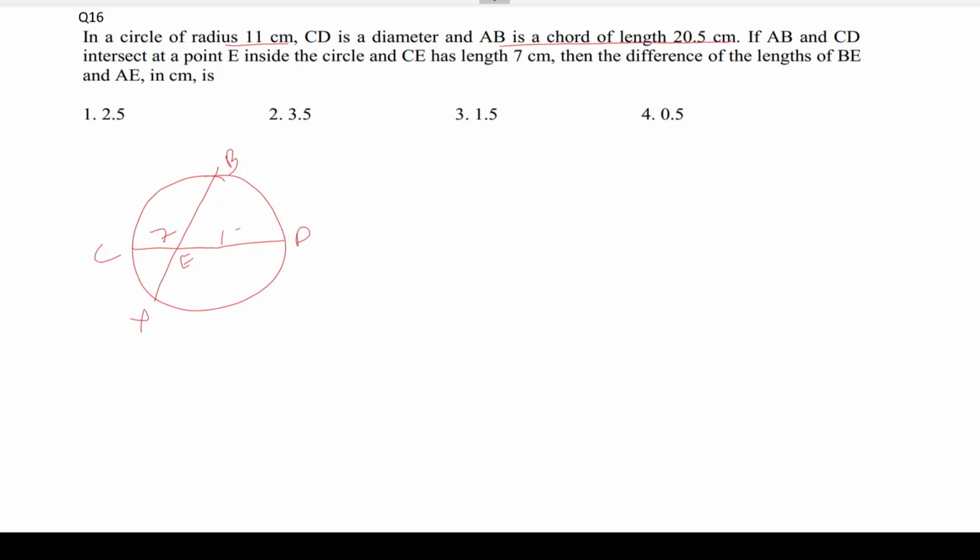So this is 7, this will be 15, and let this be X and this be Y. So now we need to find the Y minus X.